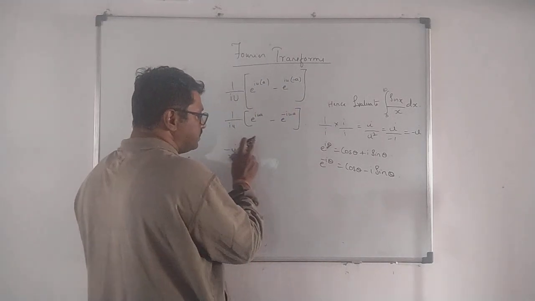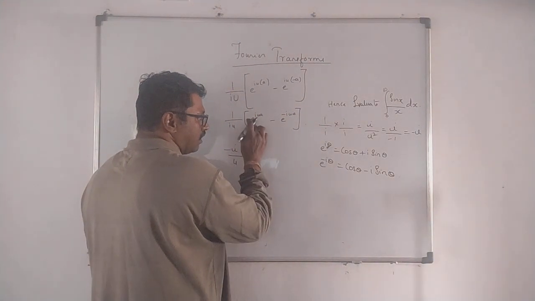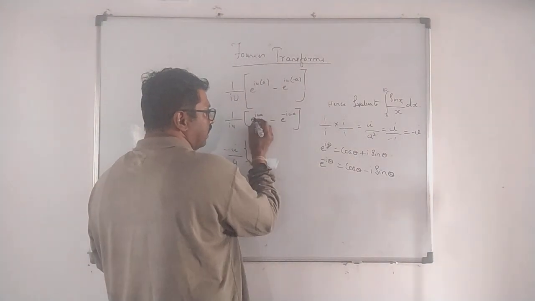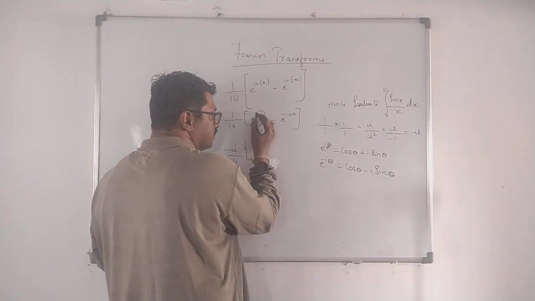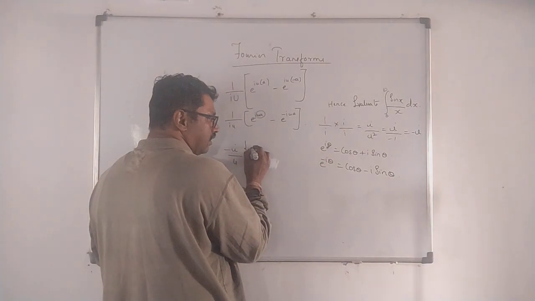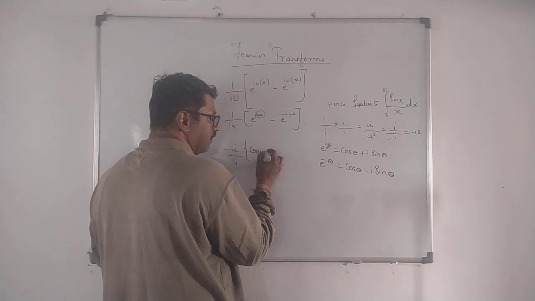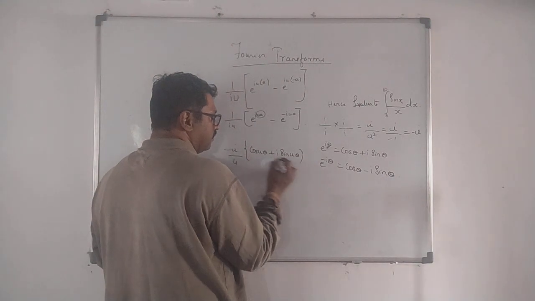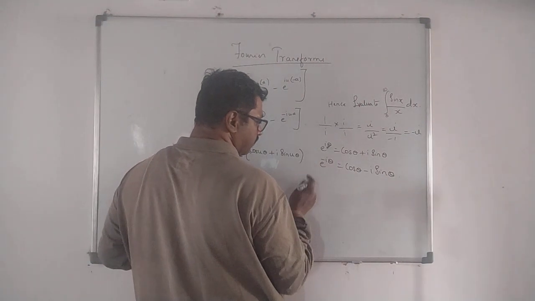So we shall use this here. So e to the power of iua is cos ua plus i sin ua. Okay, minus is there. Be careful.